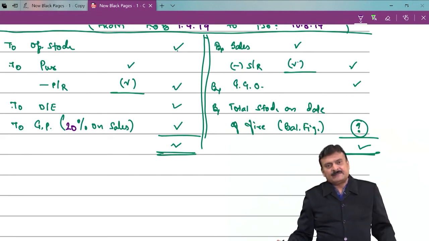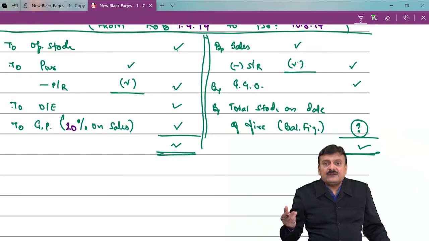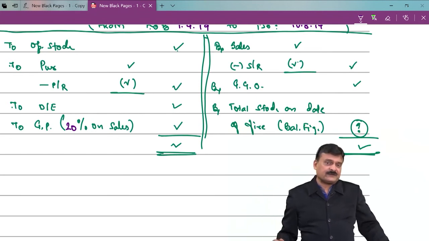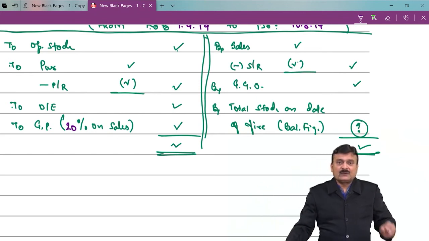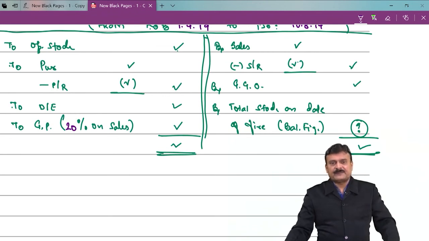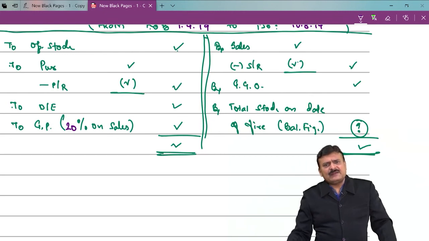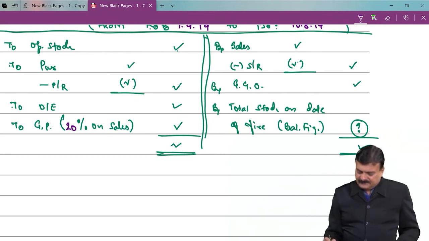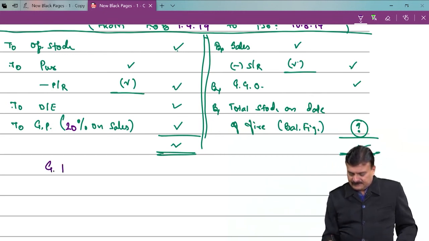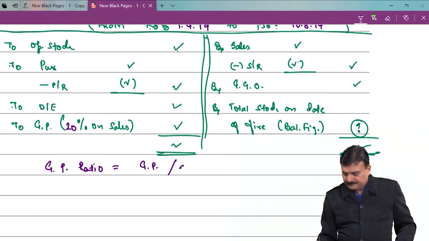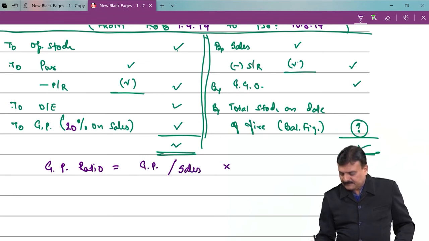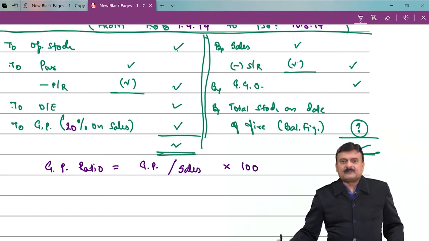Going ahead. Suppose the question doesn't give you the GP ratio of last year. The 20% figure is not given in the question. Then what to do? Then we can easily find it. How do I find it? My formula for finding GP ratio is GP divided by sales multiplied by 100.